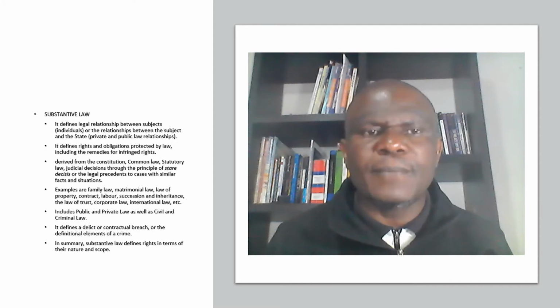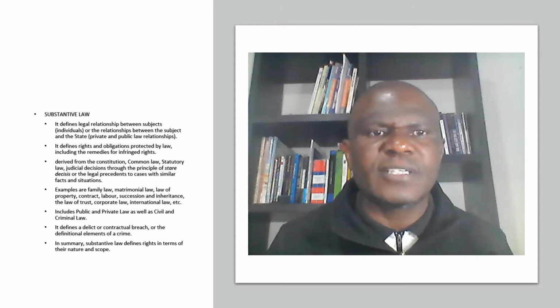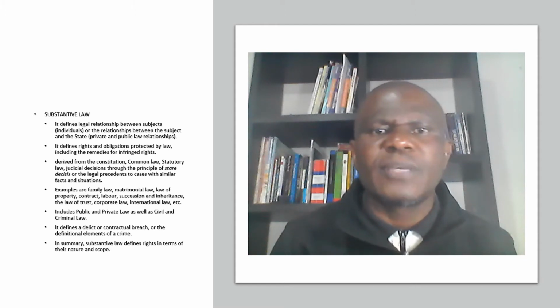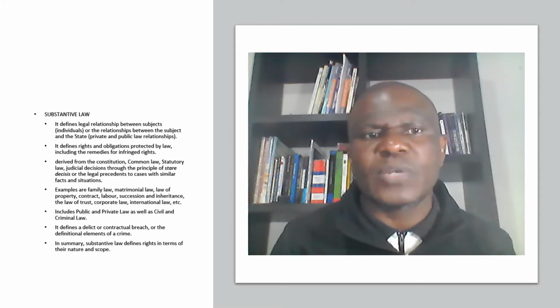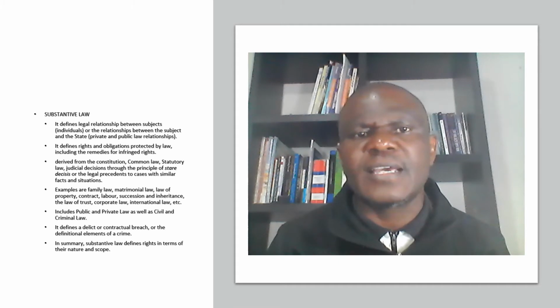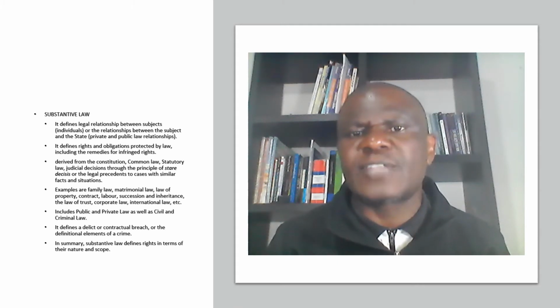Let us elaborate on what we mean by substantive law. This is the branch of law which defines legal relationships between subjects, that is individuals, or the relationships between subjects and the state.